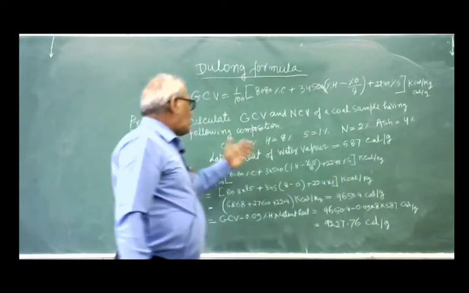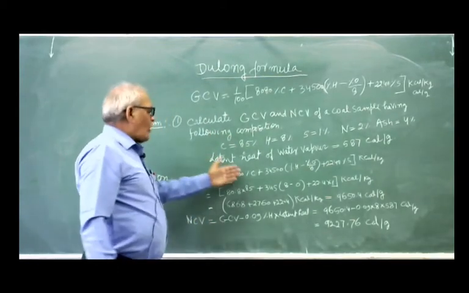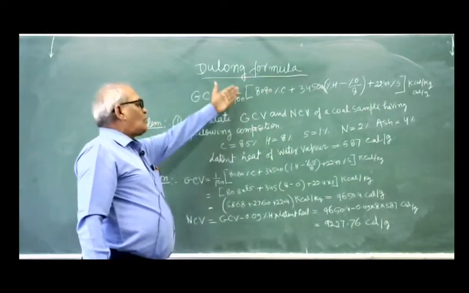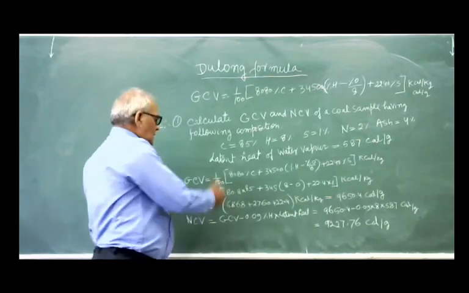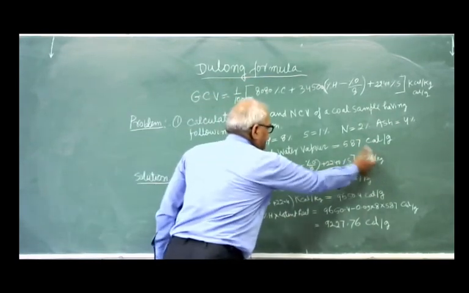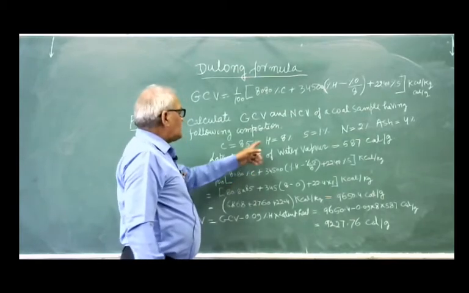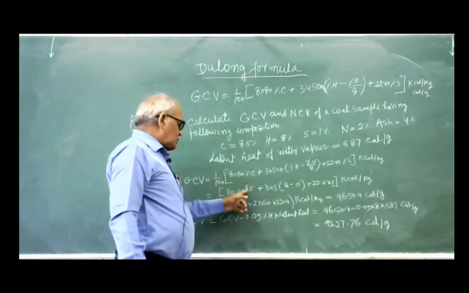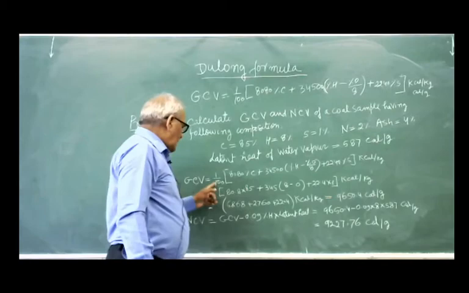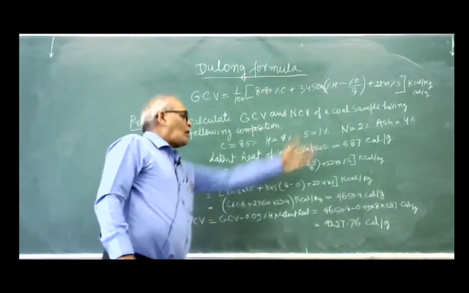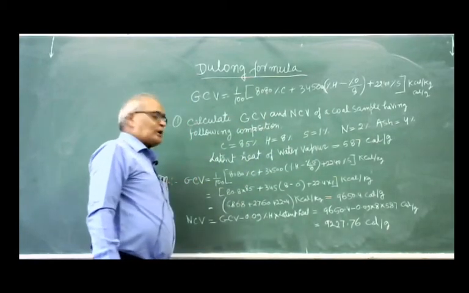So in the formula you see, I put all the composition in the Dulong formula like this. Percentage of the carbon is here 85%, put here 85. Divide 100 throughout the equation.